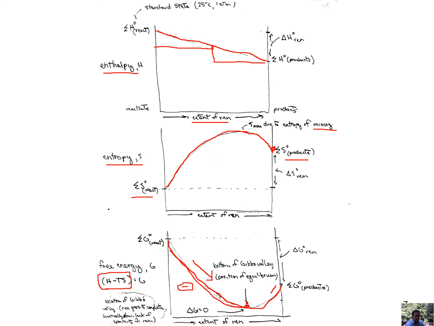This slope on this end, if we started, say, from the reverse reaction, well, this part of the reaction has a positive slope, positive delta G. It is non-spontaneous. And what we have right here at the very bottom, what they call Gibbs Valley, is where the slope of the function is 0.